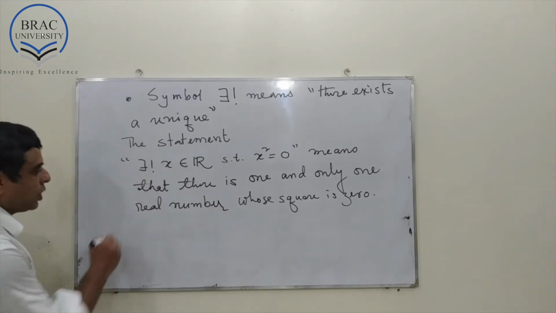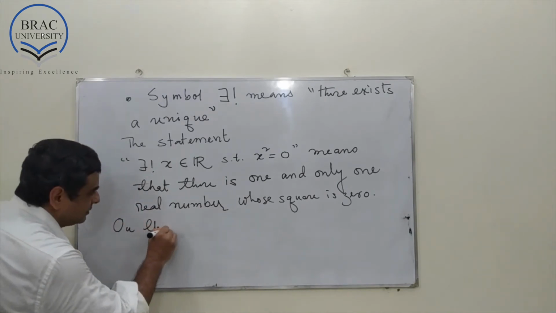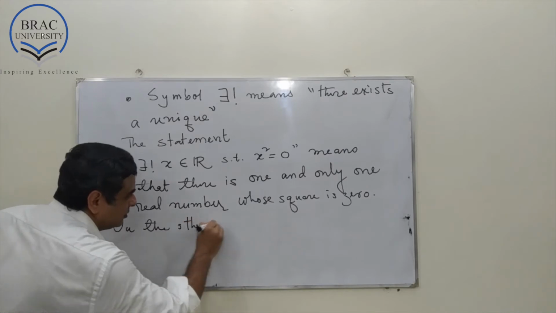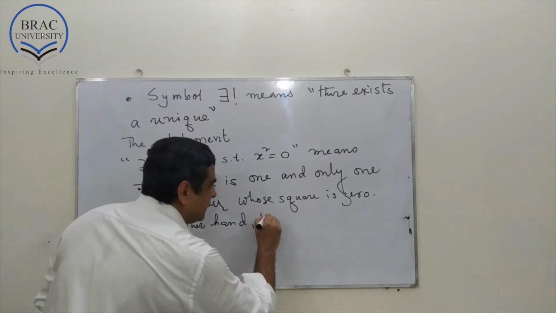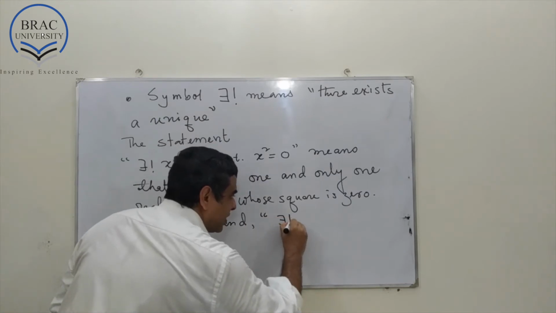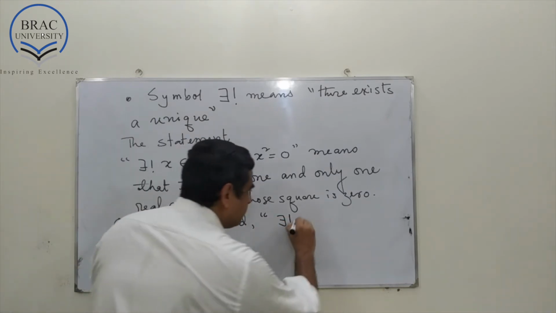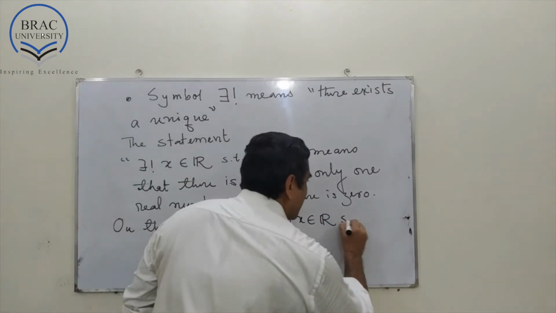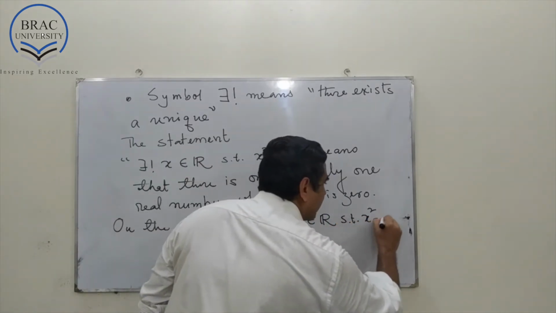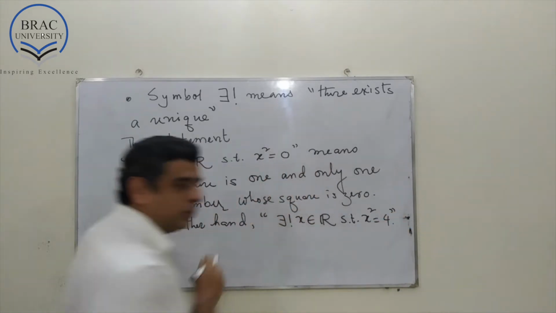Okay. On the other hand, what if I write there exists a unique real number x such that x squared is equal to 4? Is it true?